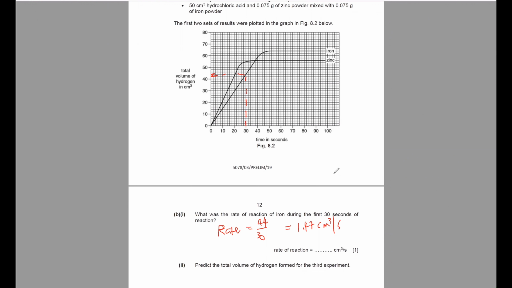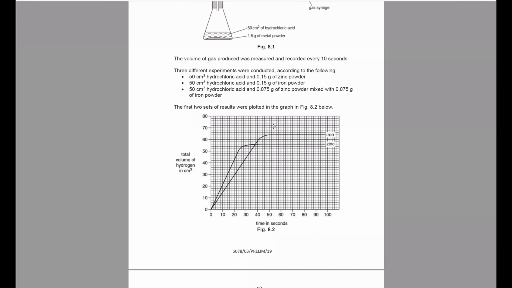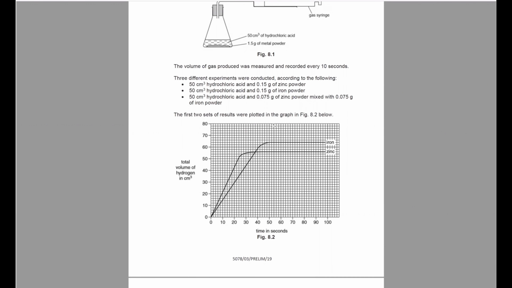Then the second part, they say predict the total volume of hydrogen formed in the third experiment. So in the third experiment, we know that for the first and second, there is 0.15 g of each. So over here, this is 64.